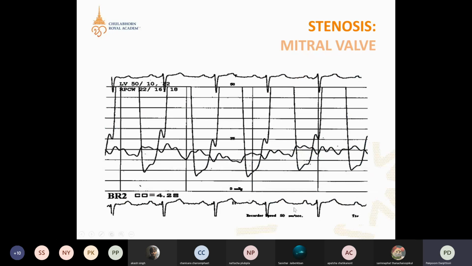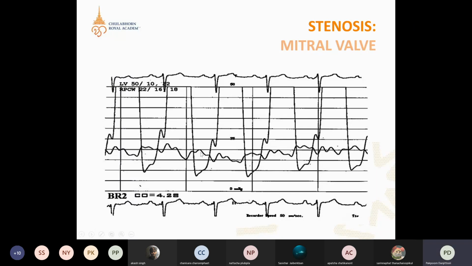Okay, for this tracing, you can just find the phase of the diastole first. The phase of the diastole will occur over here, right? Occur over here, and then finish at the R wave. So that is the difference of the gradient.